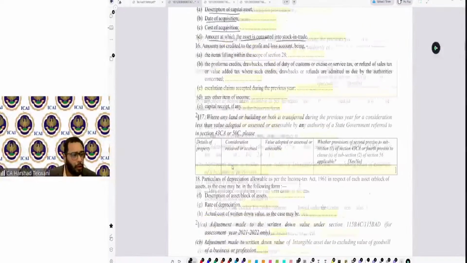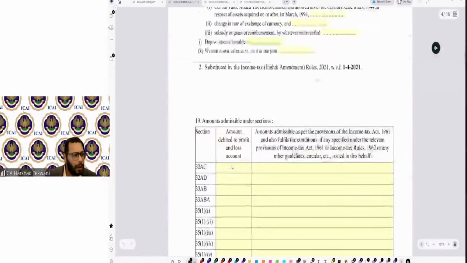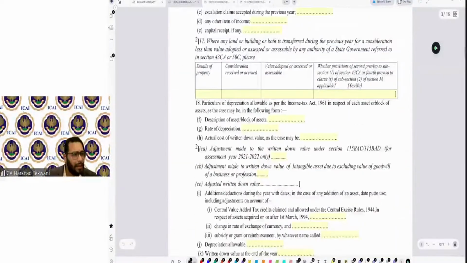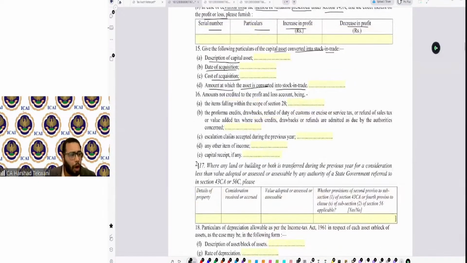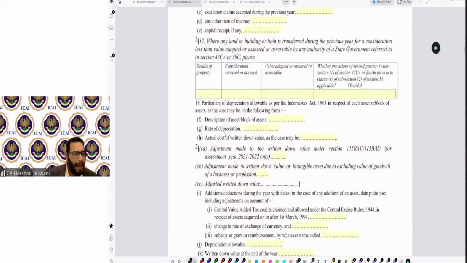Let's say you have clause number 17: land and building transferred during the previous year for a consideration less than the adopted or assessable value. Or 16, which is a pretty common one: amounts not related to profit and loss account being the following items. Or you have 18, which is depreciation.